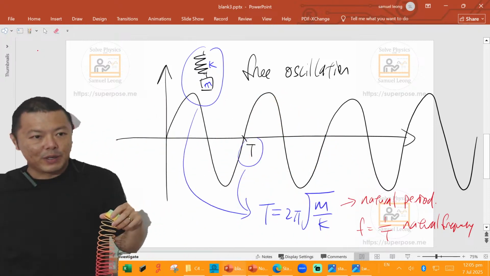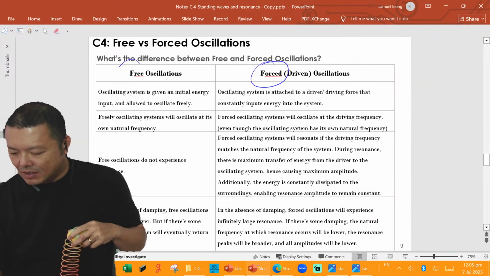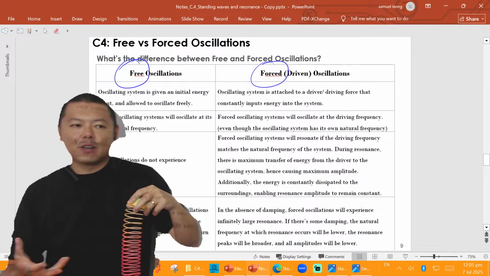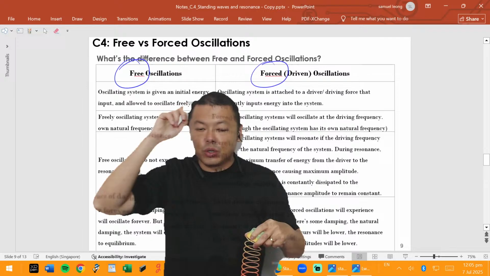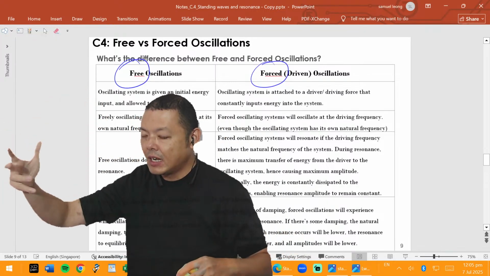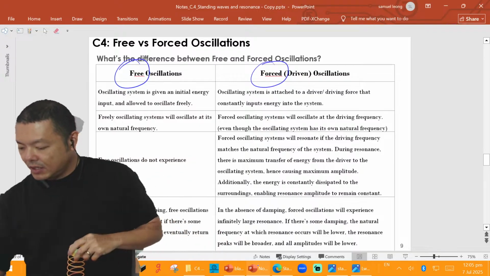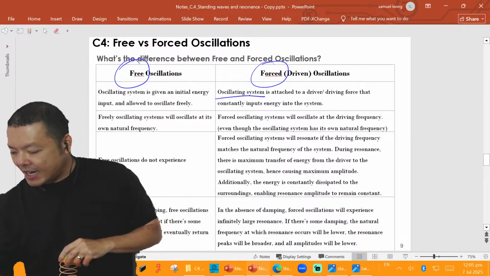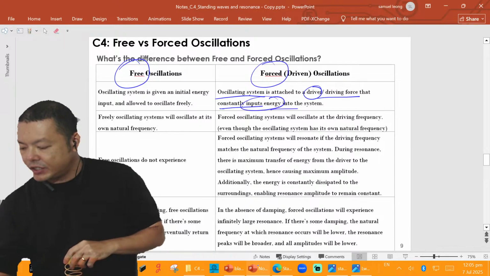So now we talk about what a forced oscillation is. A free oscillation has a one-time energy input. A forced oscillation is also known as a driven oscillation. There's a continuous source of energy, so the oscillating system is attached to a driver or driving force that constantly inputs energy into the system.